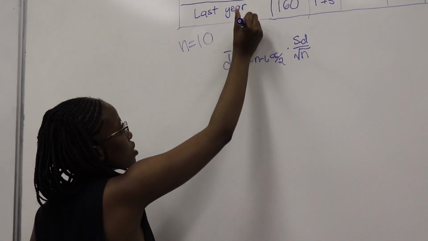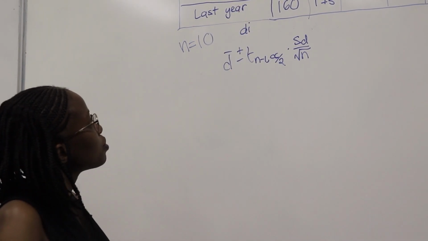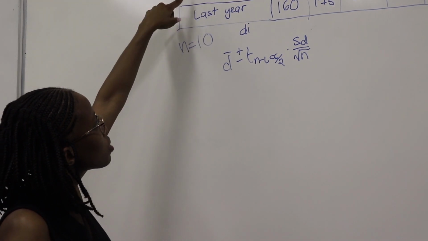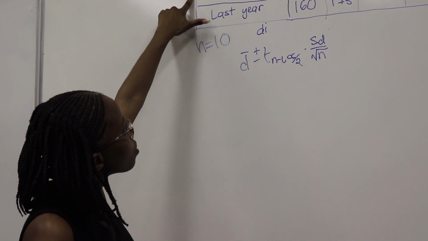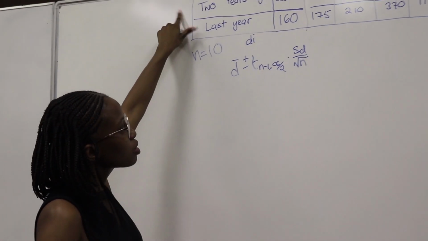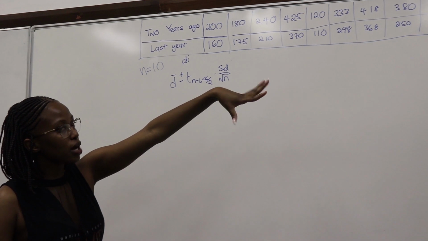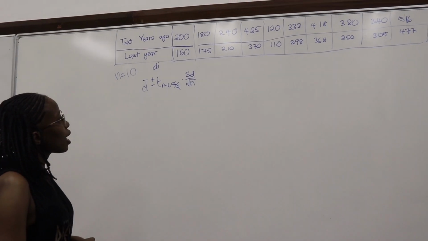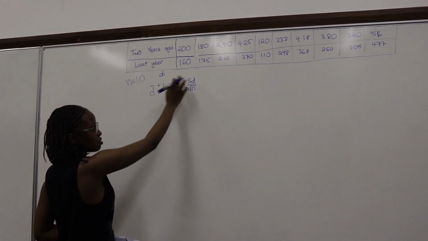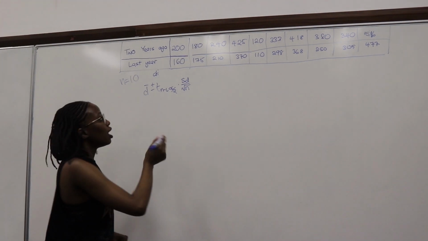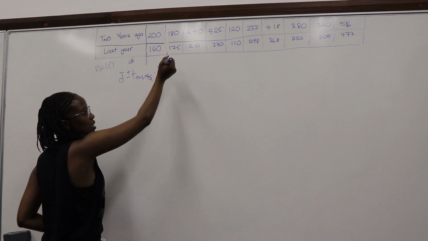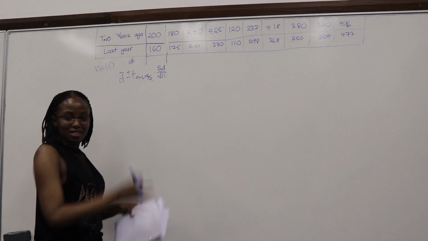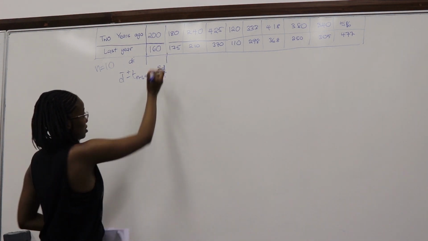Since we're looking at a dependent sample, we first have to get our di values, which is the difference between 2 years ago and last year. You can either say this row minus this row or the other way around, but you have to stick to it throughout. So I need you to help me with the values of the di's. The first one, 40.